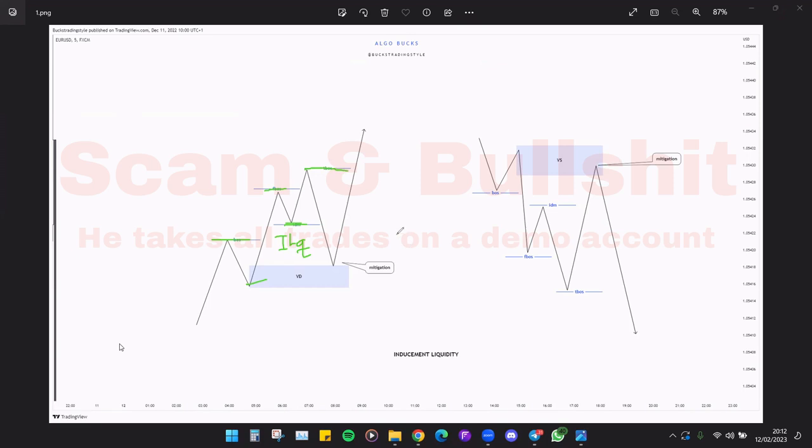For the inducement liquidity, the things we want to see are still the same as for the MSU: the fake break of structure, the inducement, the imbalance or IPA, the mitigation, and then the true break of structure. You understand? Yes.